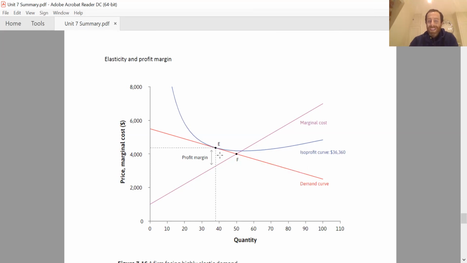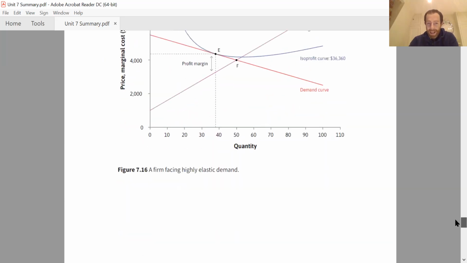So when the demand for the good is elastic, they cannot increase the price too much, or else they're going to reduce demand a lot. And you can see here this term profit margin, which is the difference between the price that they get and the marginal cost. You can see when we have an elastic demand, that profit margin is not that big.